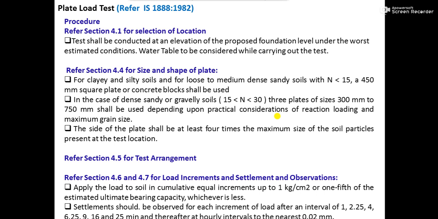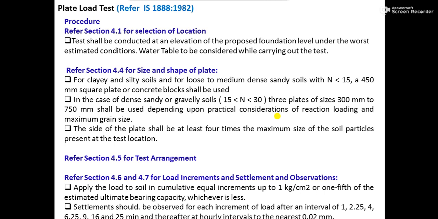That means you can use 300 millimeter by 300 millimeter, 450 millimeter by 450 millimeter, or 750 millimeter by 750 millimeter. Depending on the size of the grains, you should be able to use it. The coarser the soil, the smaller the plate you can use.